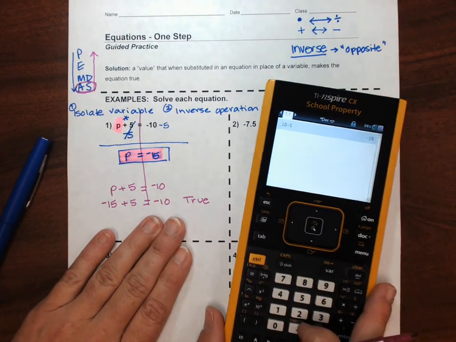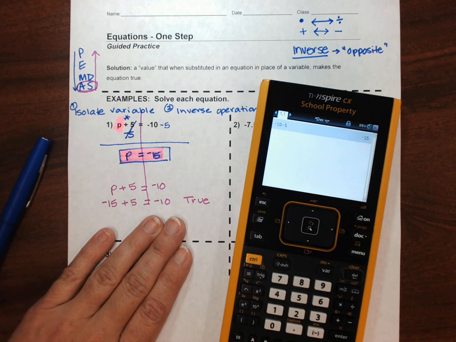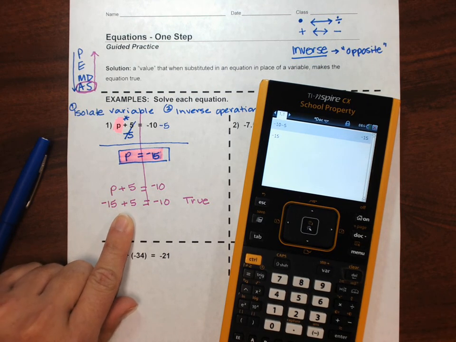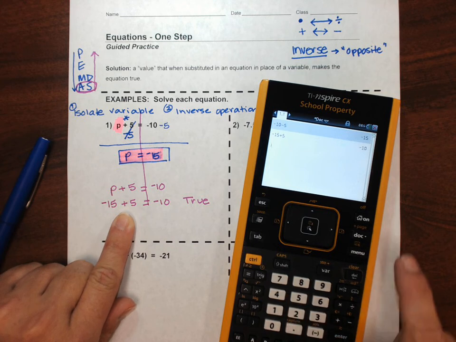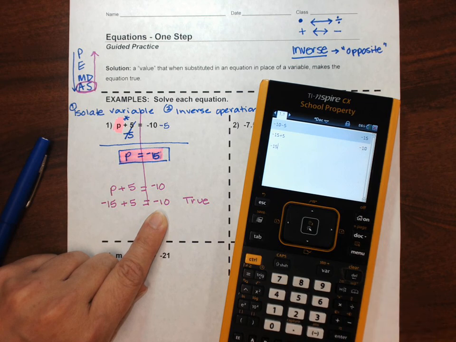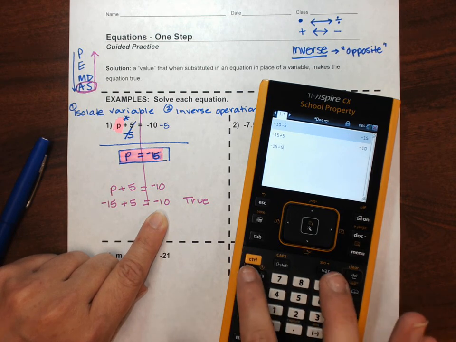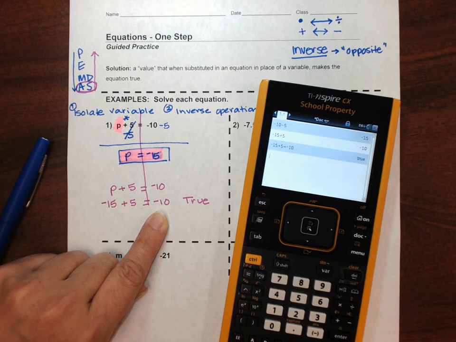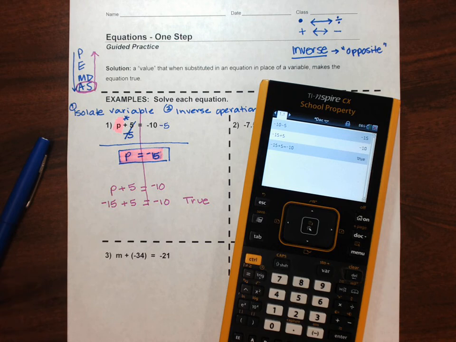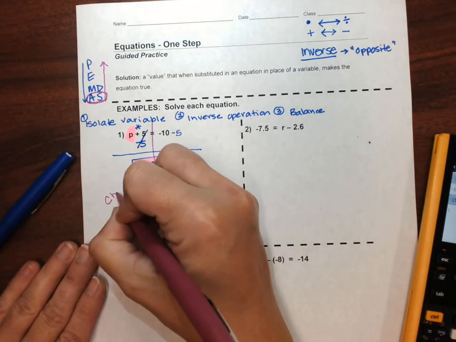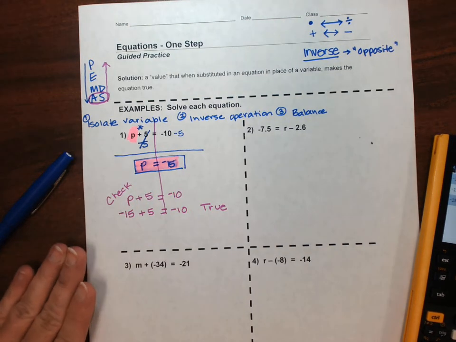There's a couple different ways you can plug it in here. You can type it like I see it, negative 15 plus 5. See how it gives you the negative 10? This is also kind of cool. You can say negative 15 plus 5 equals negative 10. See how it gives you that true statement? Pretty cool. Okay, so I know my answer is negative 15, and this was just me checking my work.